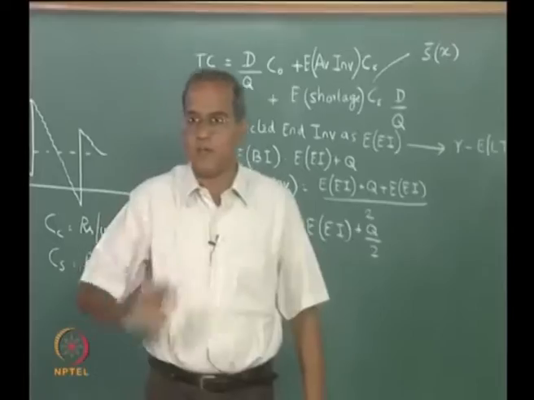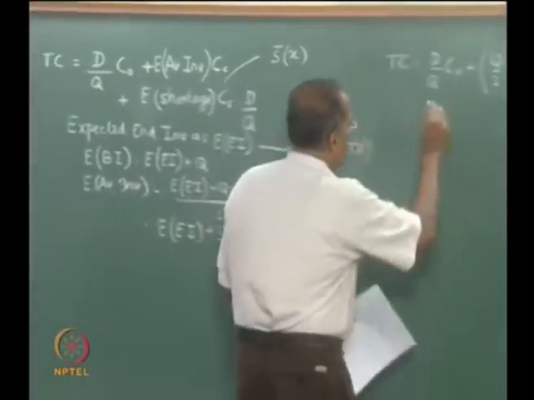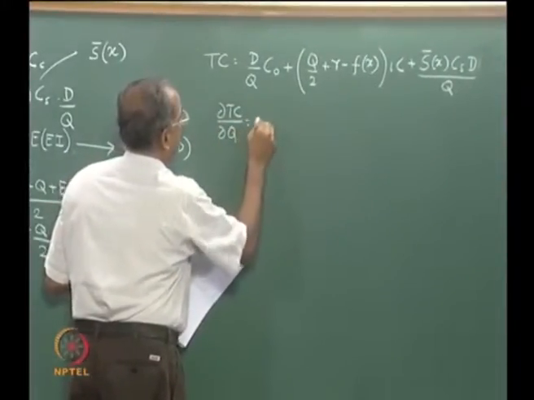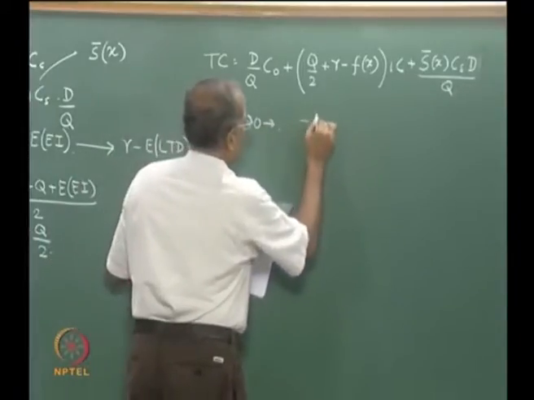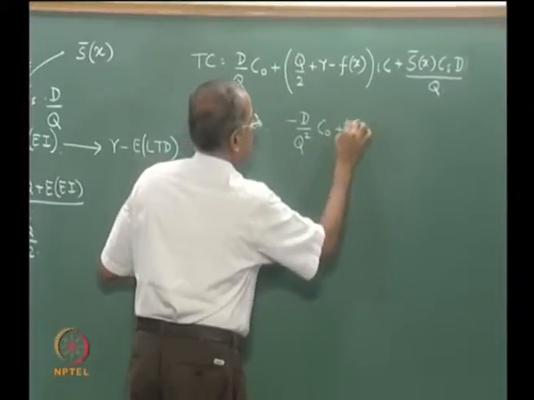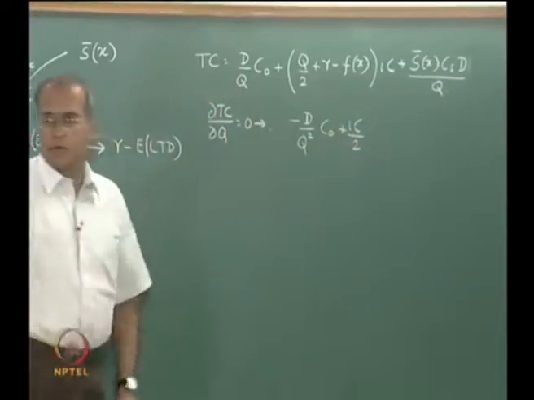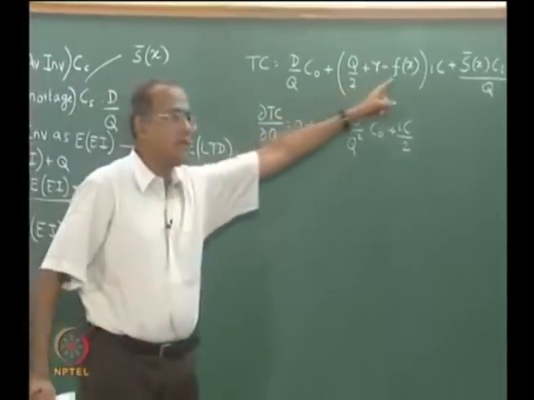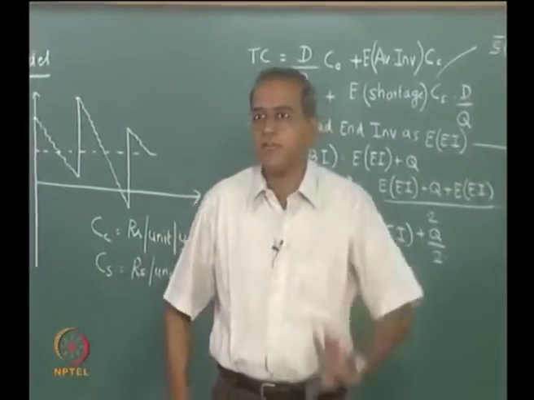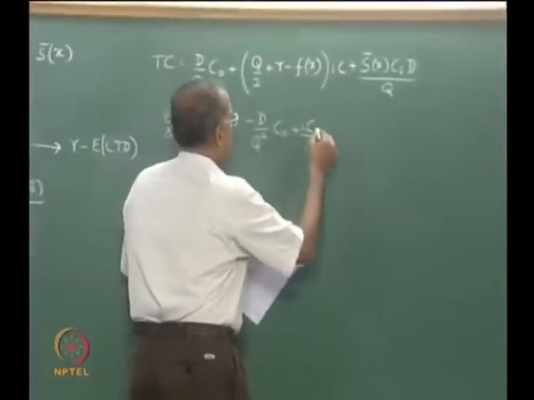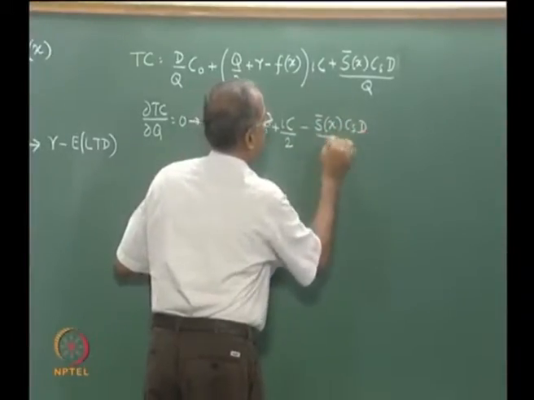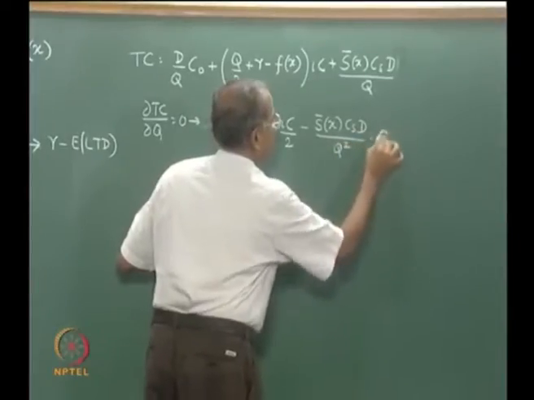Now, partially differentiating this with respect to q and r, we can get the optimum values of q and r, which are the two variables. So, partially differentiating with respect to q, dou TC by dou q equal to 0 would give us minus d by q square C naught plus I c by 2, because the expected value of the lead time demand does not depend on the order quantity. So it does not have any effect. Then plus I c by 2 minus s bar of x C s d by q square equal to 0.